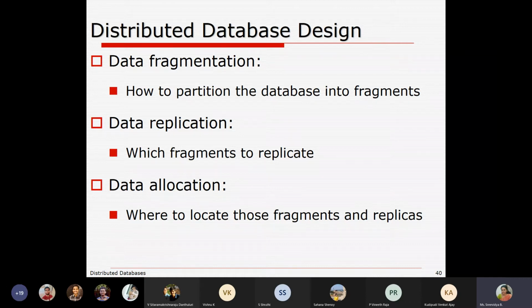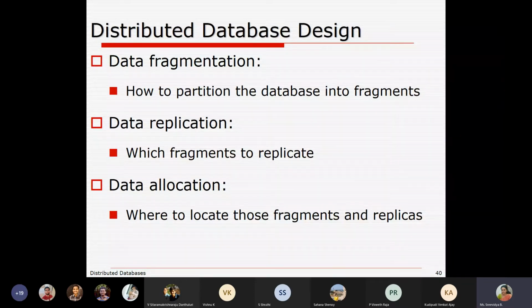Now, one more site has come up, and that site is also going to do a similar task, so they also need to access a copy of this table. Suppose I keep this table in site A and site B is performing a similar operation, then every time site B has to perform an action, it has to connect through the network to access or update the data. To avoid that, we keep a copy of the table in both site A and site B.